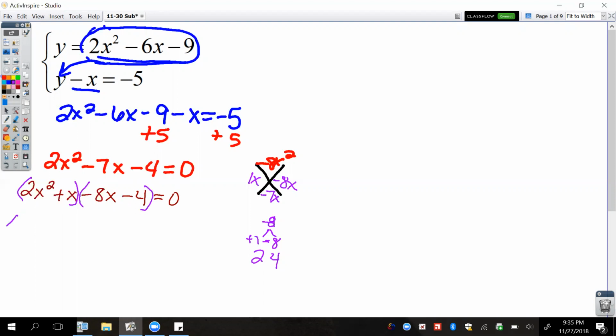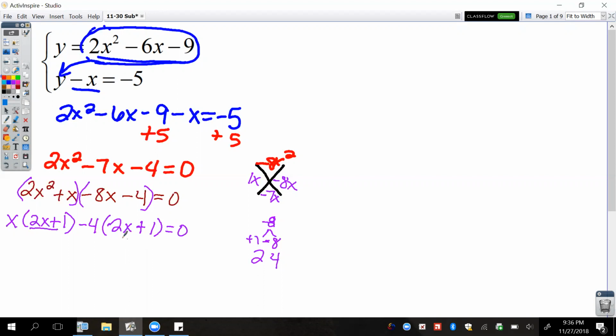My first two have an x in common, and then I have 2x plus 1 left. My second two have a minus 4 in common, and then I have 2x plus 1. Remember, all you're doing is looking for the GCF between the two terms and then factoring that out.